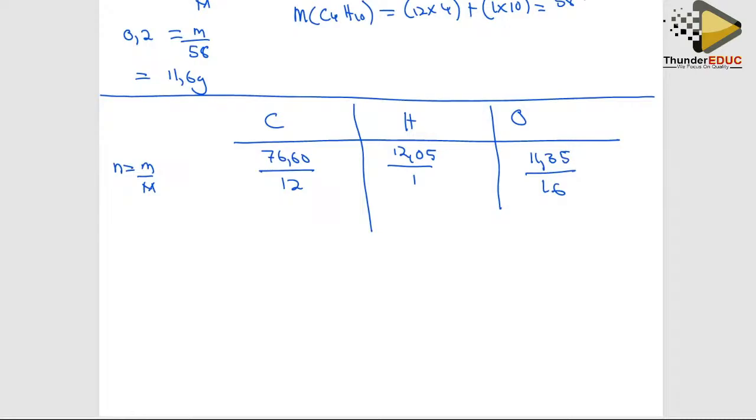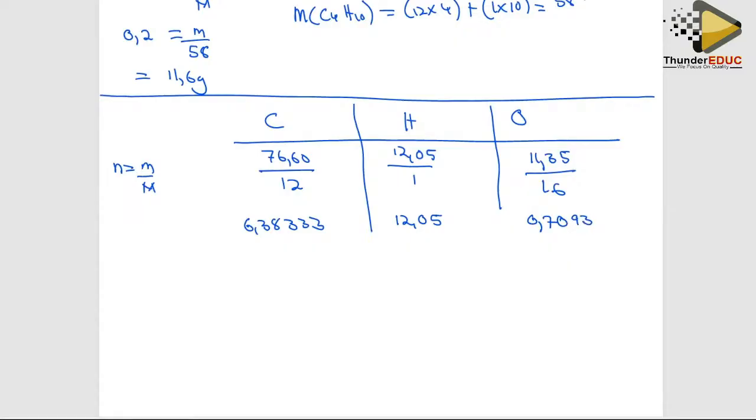At the top, 76.60 divided by 12, I'm going to get a value of 6,383333, right? Then on this other end, if I divide a number by 1, it retains its original value. Then the last one, 11.35 divided by 16, gives me a value of 0,70.